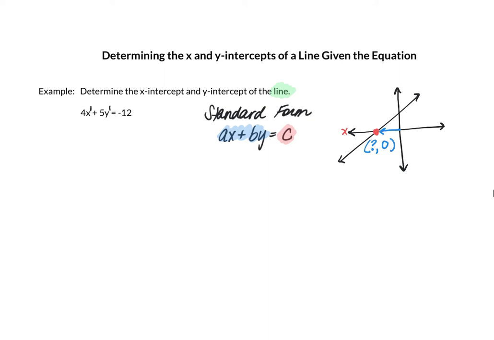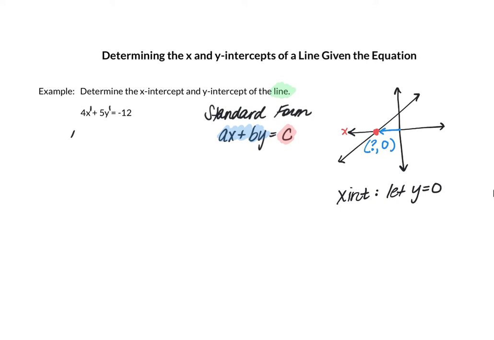We have not moved up or down any units. So in general, if you're trying to find the x-intercept, not just for a line, but for any function, the x-intercept is always going to be found by letting the y value equal 0. In other words, we're going to substitute 0 in for y, and that's going to find the x-intercept.